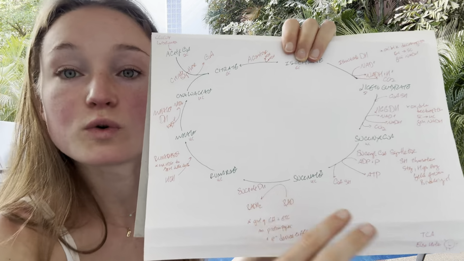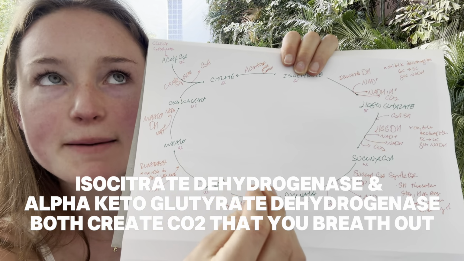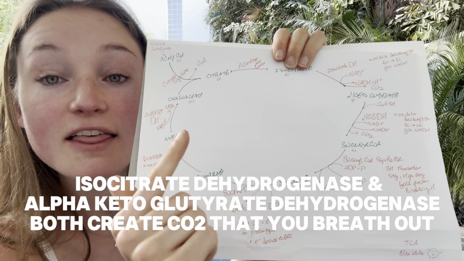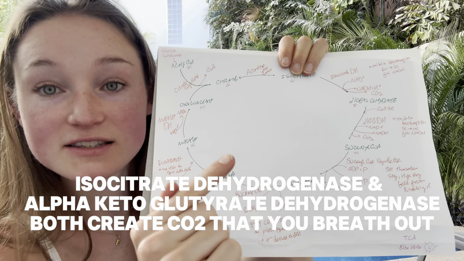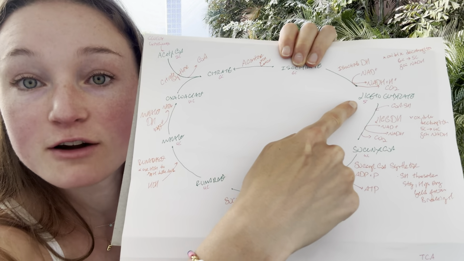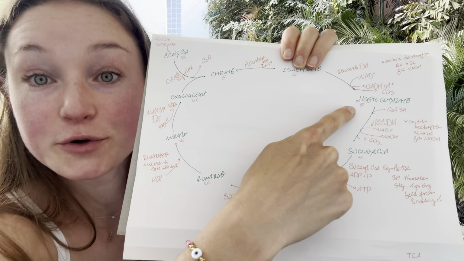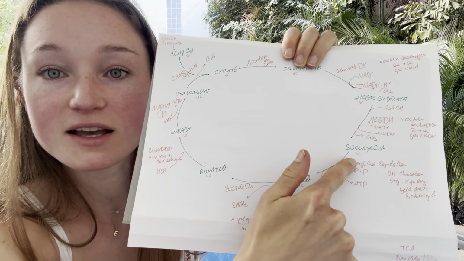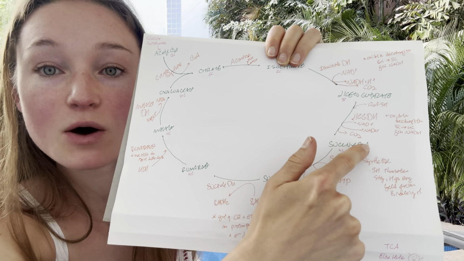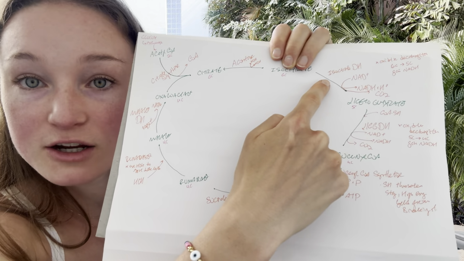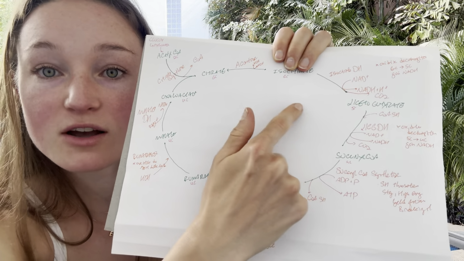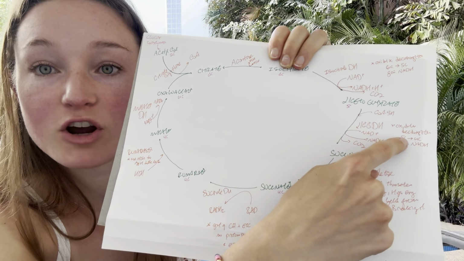This is also a step where we reduce our carbon numbers. This step also makes CO2. So we go from 5-carbon alpha keto glutarate to 4-carbon Succinyl CoA, and we spit out a carbon dioxide. So right here, we've lost 1 carbon dioxide, and right here, we've lost 1 carbon dioxide.